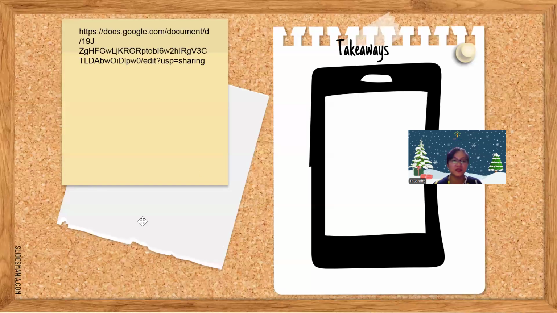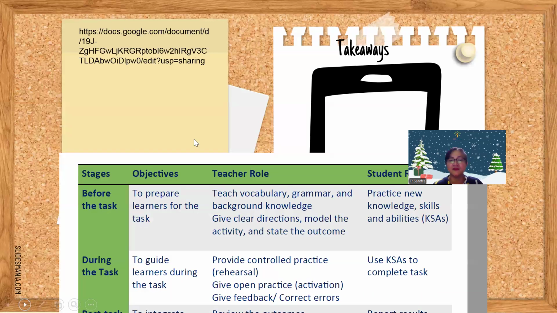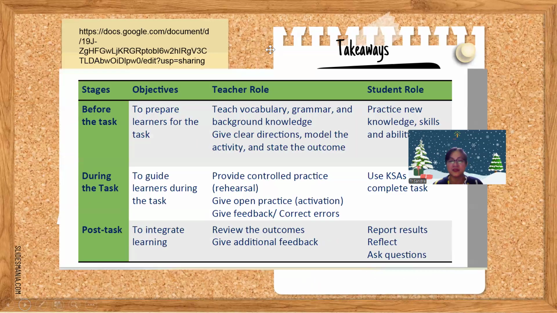Let me show you the summary of today's session. Before the task, we need to prepare learners for the task. During the task, we need to guide learners. For the post-task, we need to integrate learning. We have to review the outcomes and give additional feedback. These are the teacher roles. Before the task, we have to teach vocabulary, grammar and background knowledge.